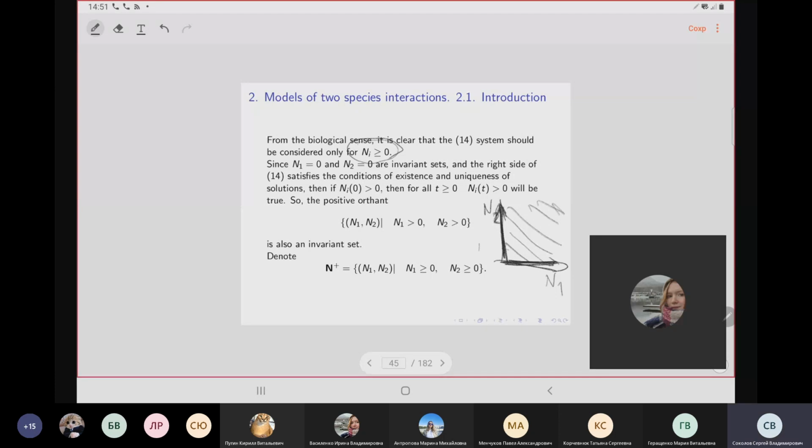And we will denote this region as N plus.